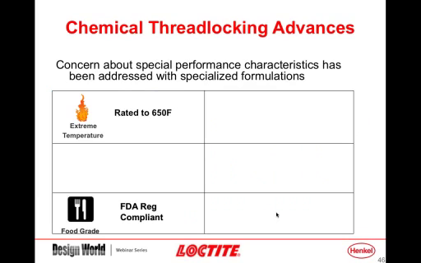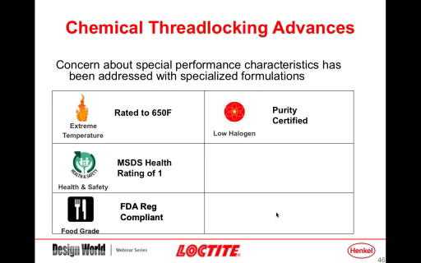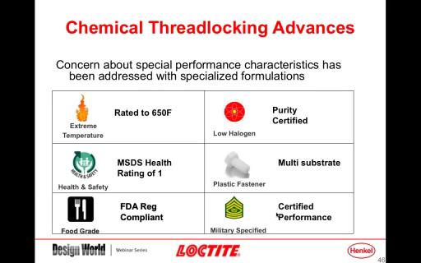Okay, so I want to leave time for questions. I'll just show some additional specialized products that are available for specialized conditions. We have products that are rated up to 650 degrees Fahrenheit. We have materials that have been introduced for improved health and safety.